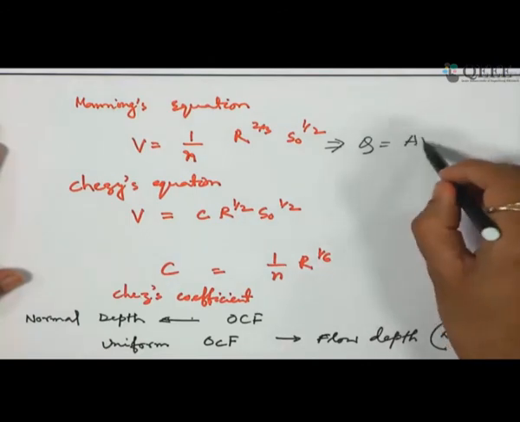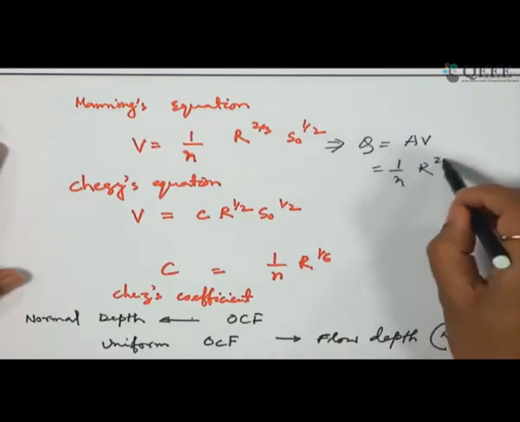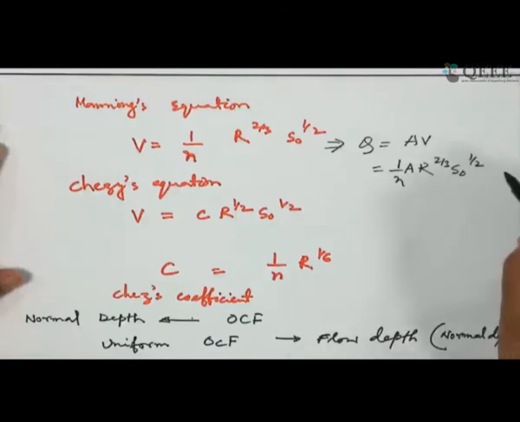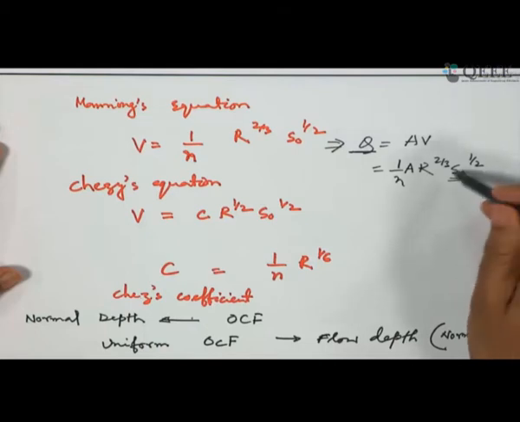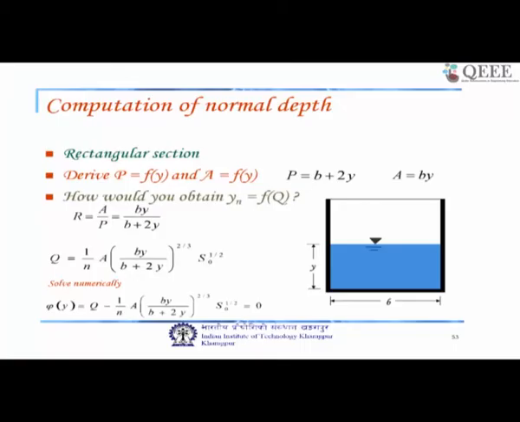Discharge is A into V, and it is an easily measurable quantity in open channel sections. So, with Q, we can relate depth of flow and discharge, because in case of uniform flow there will be a constant slope. So, next term, computation of normal depth. How to compute this normal depth?